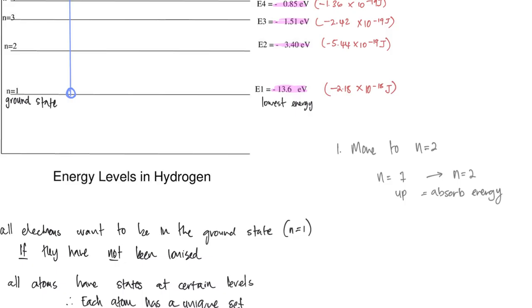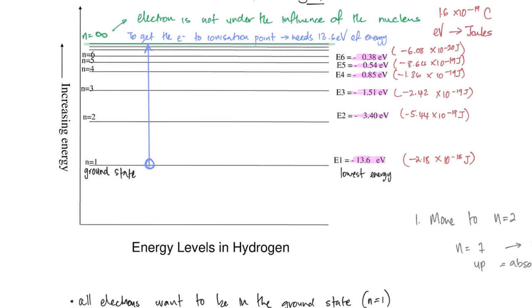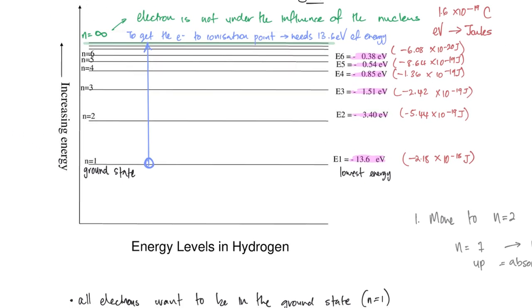But now I need to look at how much energy I need to absorb. Alright, so I need to look at that difference. So let's have a look here. Let's say I have my electron over here, and now I want this electron to go up over here. I want it to go to n=2, which is there.